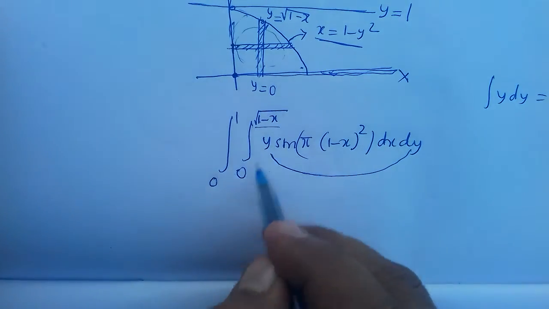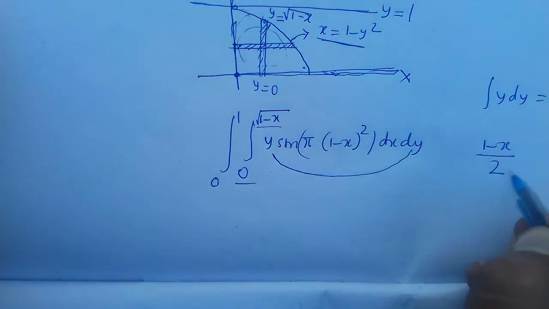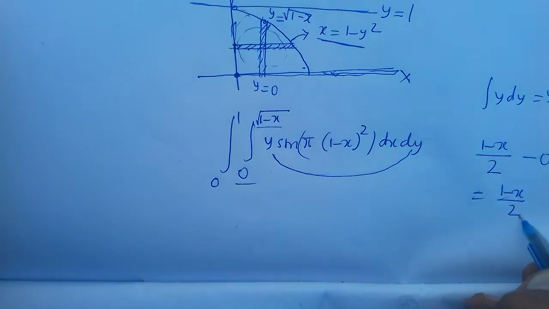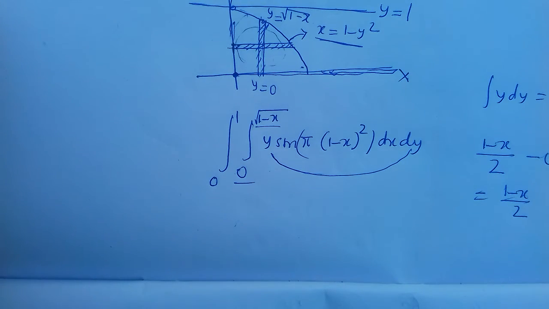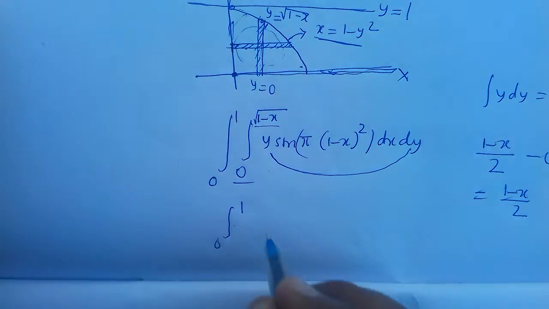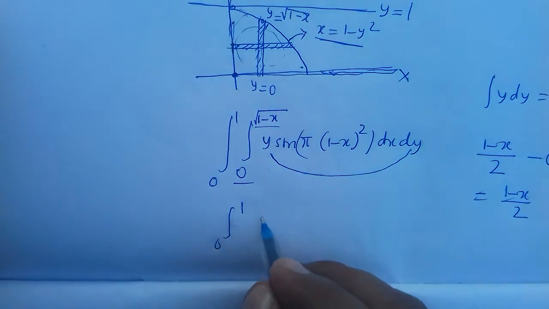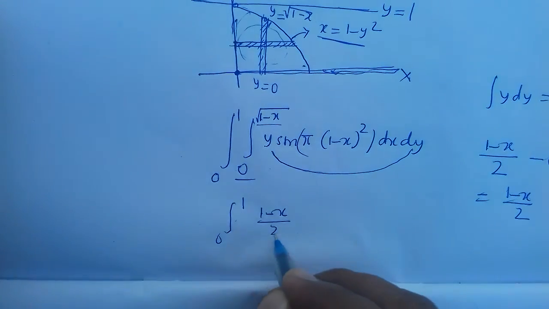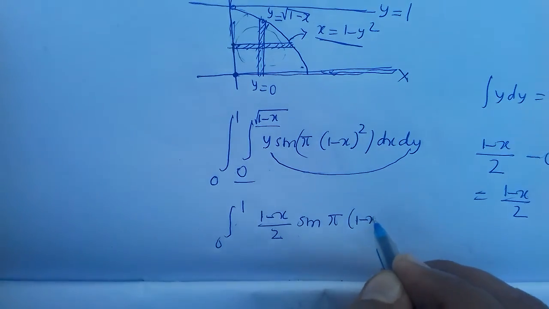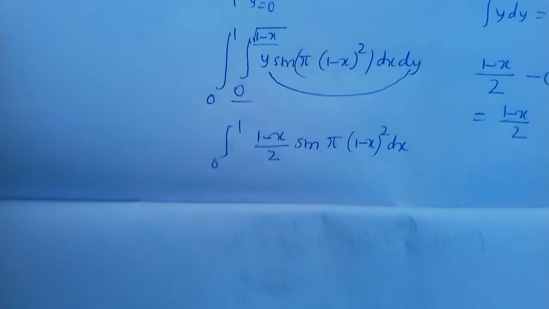If we put in these two limits, this will be (1 minus x) by 2 minus 0, that is (1 minus x) by 2. So here we remove the first integration and write (1 minus x) by 2 sin pi (1 minus x) whole square dx.